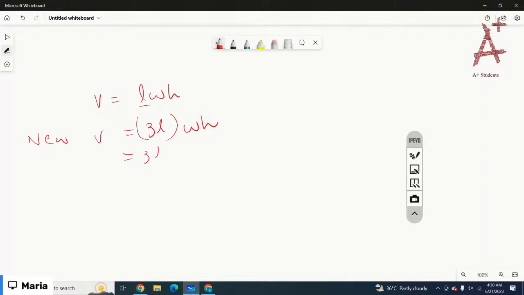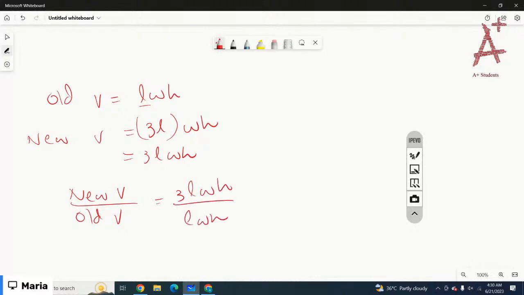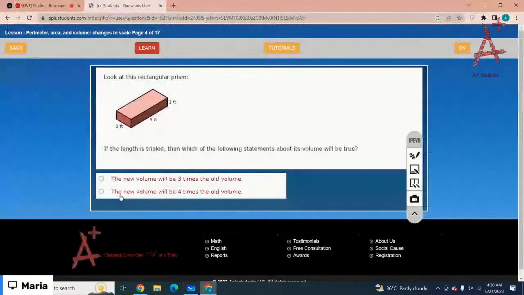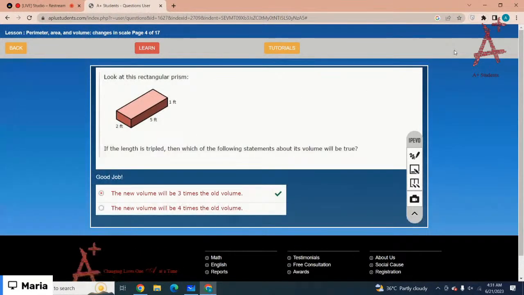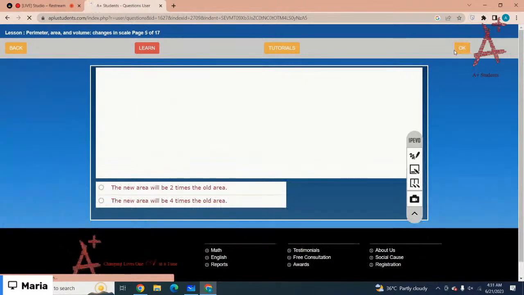So it would be 3 times length times width times height. So you have to find the ratio, new volume divided by the old volume. That is 3 times length width height divided by length width height. This one and this one cancel out. You are left with just 3. Got it? That means the new volume will be 3 times the old volume.